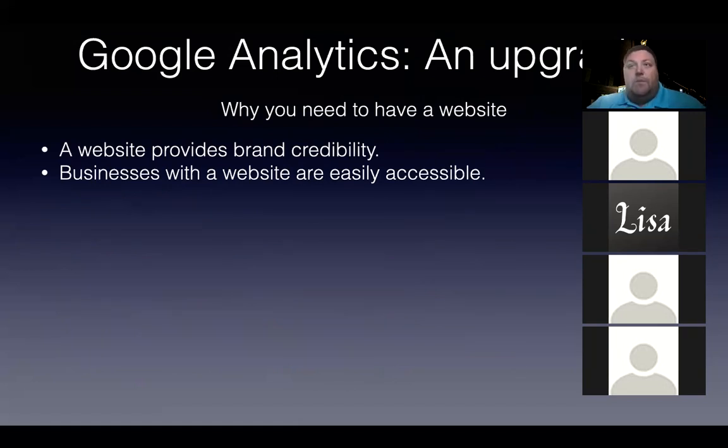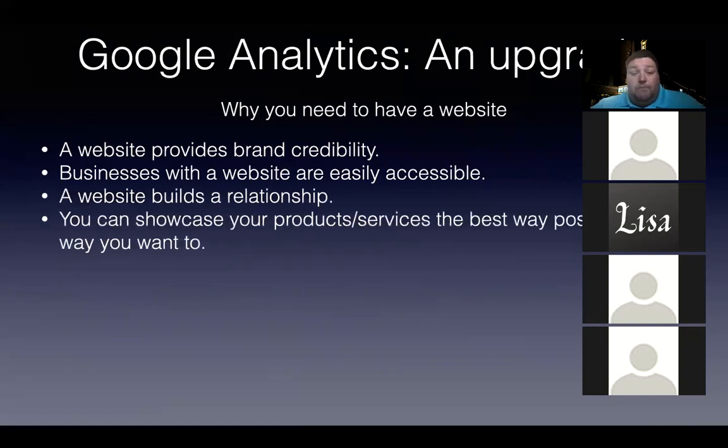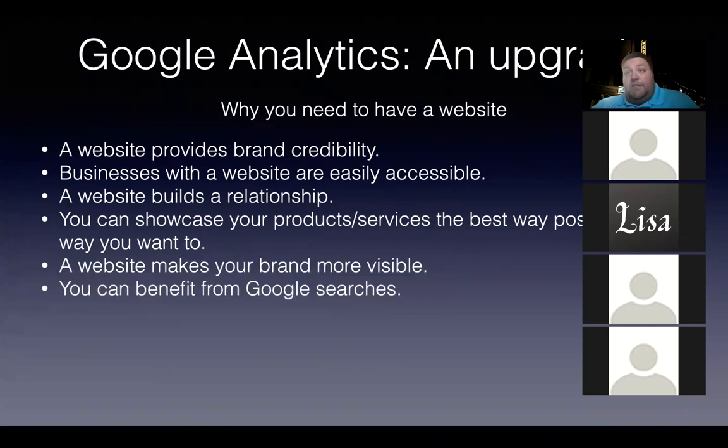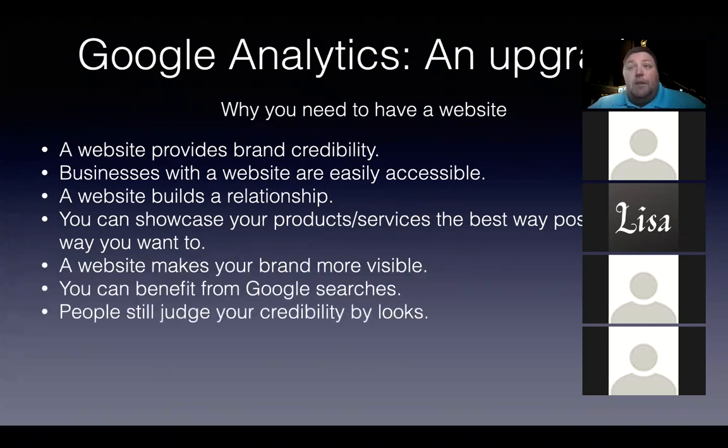It's the easiest way to do so. A website builds a relationship. You can showcase your products and services the best way possible and the way you want to. A website makes your brand more visible, and you can benefit from Google's searches. And this is stuff that we'll go over throughout the course of the presentation.